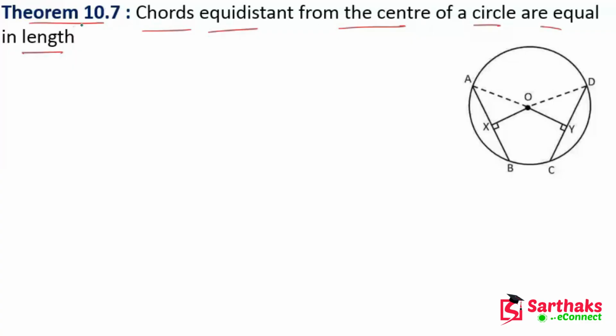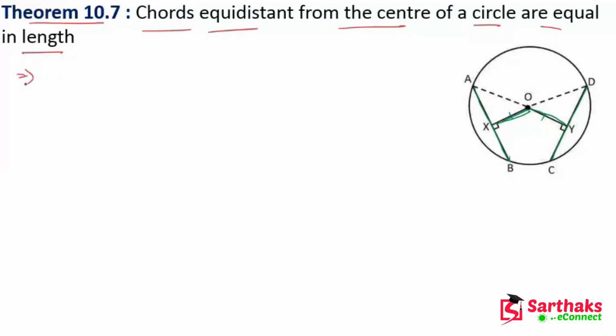It says chords equidistant from the center, meaning OX and OY, are equal, then AB is also equal to CD. We have to prove that AB is equal to CD. Now let's prove this theorem.